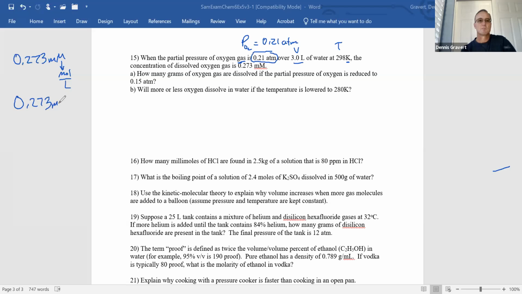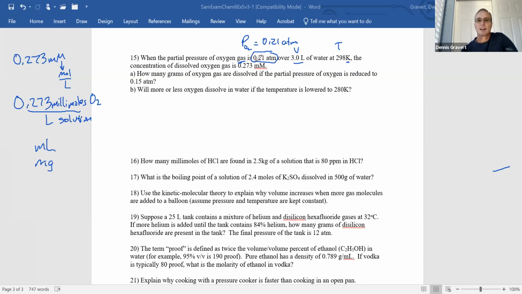So this number is millimoles of solute oxygen gas per liter of solution. And I know it might look a little weird, millimoles, but it's the same milli as in milliliter and milligram. Change it to moles, just like you change milliliters to liters. You divide by 1,000. Milligrams to grams, divide by 1,000. Okay.